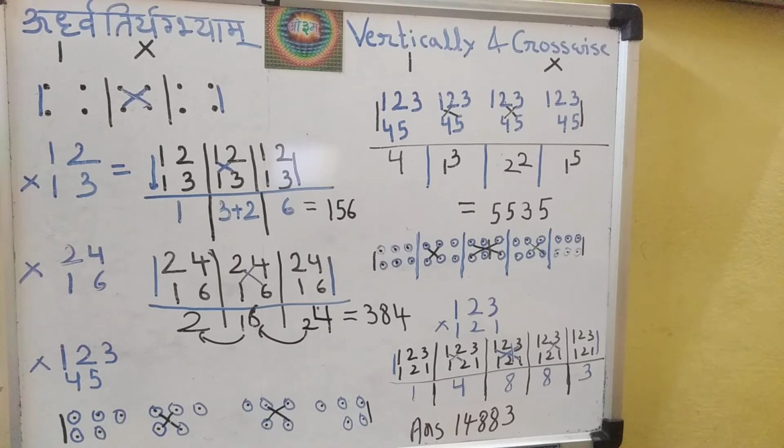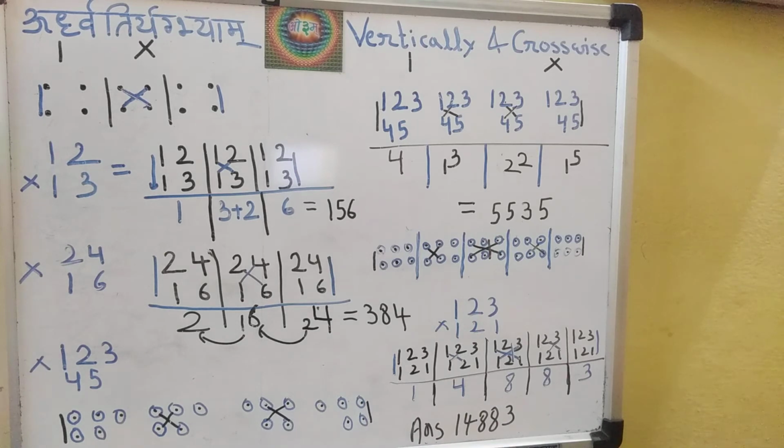Now if we multiply two 3-digit numbers, like 123 into 121, the pattern is like this. Multiply the left digits first, then crosswise the first 2 digits, then crosswise first to last, and bottom first to top last crosswise, and the middle digits vertically.